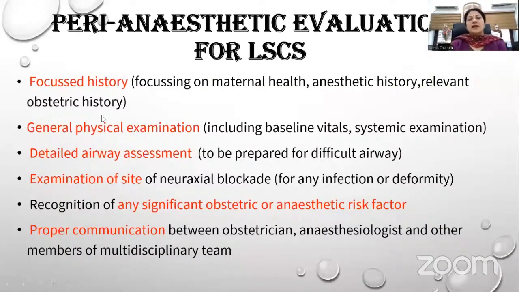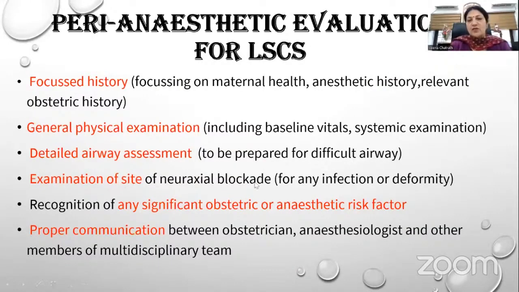So coming over to the pre-anesthetic evaluation for cesarean section, a focused history is to be taken, focusing on the maternal health, anesthetic history and obstetric history, general physical examination, including the baseline vitals, including heart rate and blood pressure, and systemic examination. A detailed airway assessment is to be done so that we are prepared for the difficult airway.